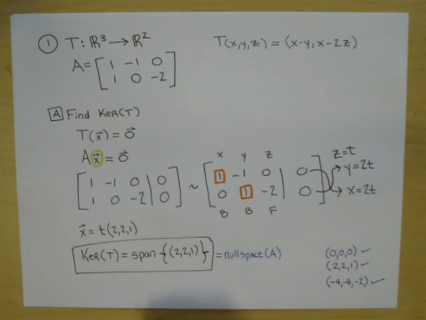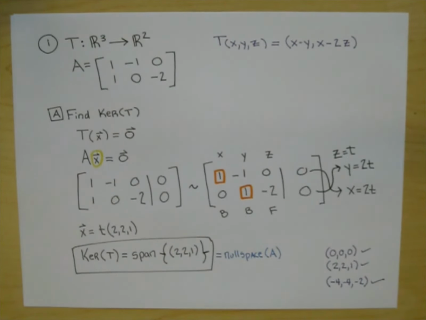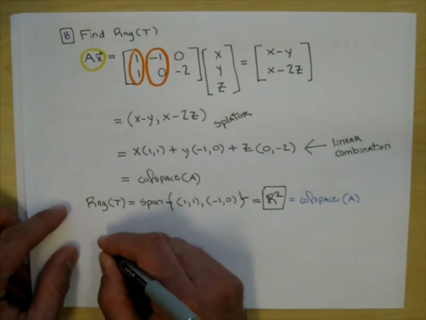The general rank-nullity theorem says we have the kernel here. The kernel is the span of this basis. So what is the dimension of this kernel? The dimension of the kernel is 1. So let me just put that right here.